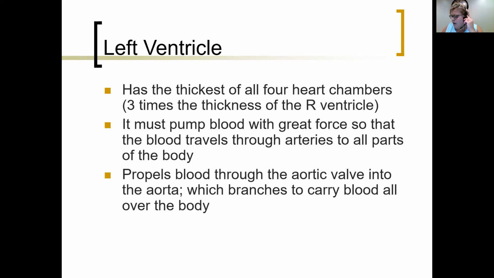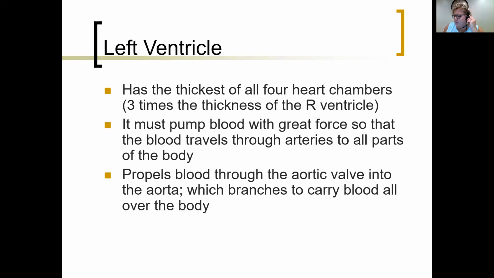And number 7, carries oxygen poor blood to the lungs from the heart. That's the pulmonary artery. Remember, arteries always carry blood away from the heart. Veins always carry blood into the heart. And number 8, a small artery. That would be an arteriole. OLE means little or small.